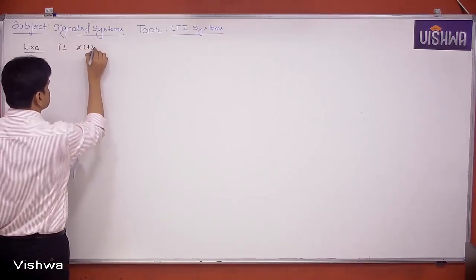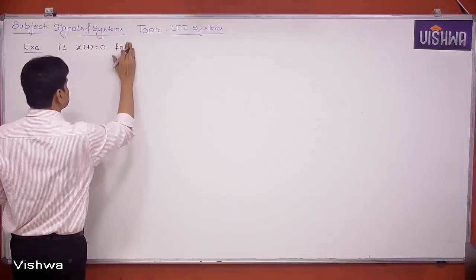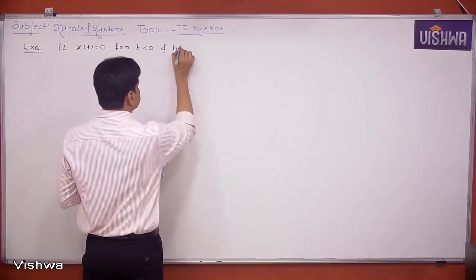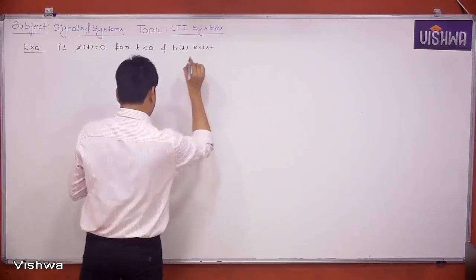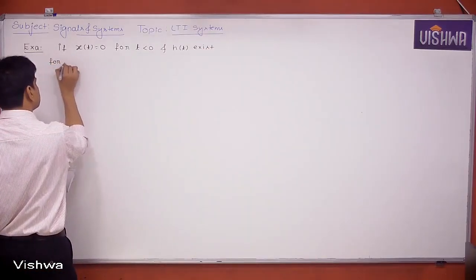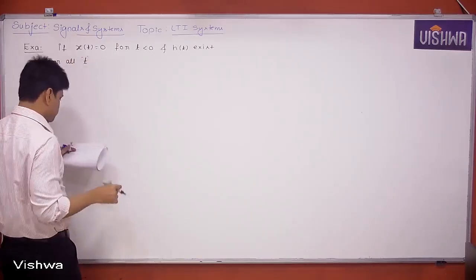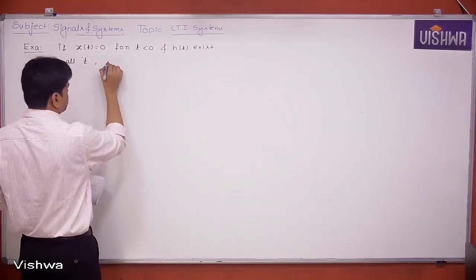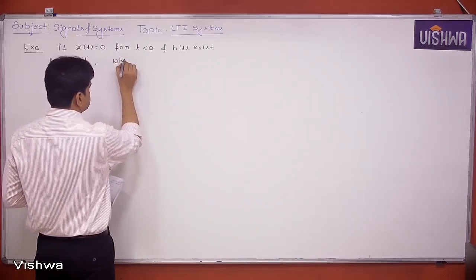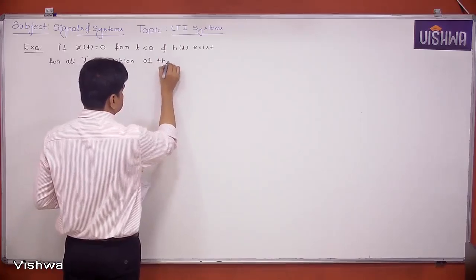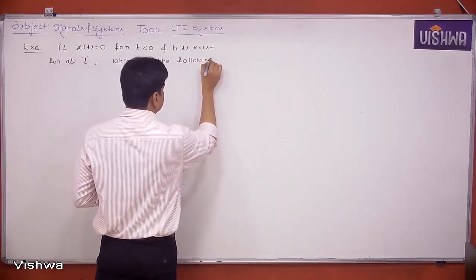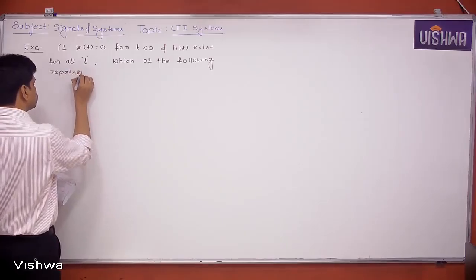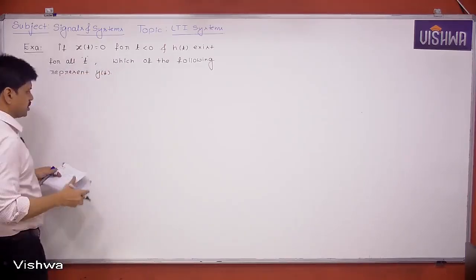If x of t is equal to 0 for t less than 0, and h of t exists for all t, then which of the following integrals represents the expression for y of t?